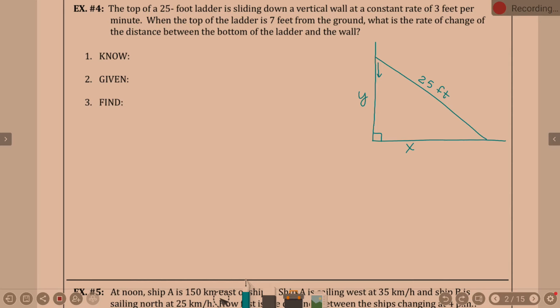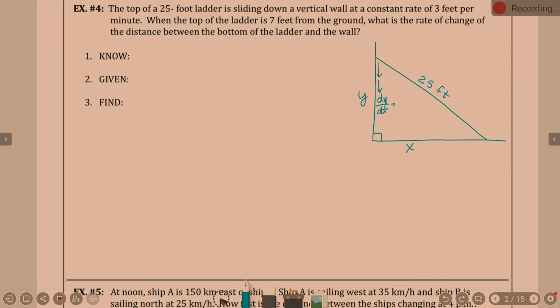So, if the wall is represented by y, and the ladder is sliding down the wall at a constant rate of 3 feet per minute, what is that that's changing? It's going to be the change in y. So dy dt is going to be the ladder sliding down the wall at 3 feet per minute.